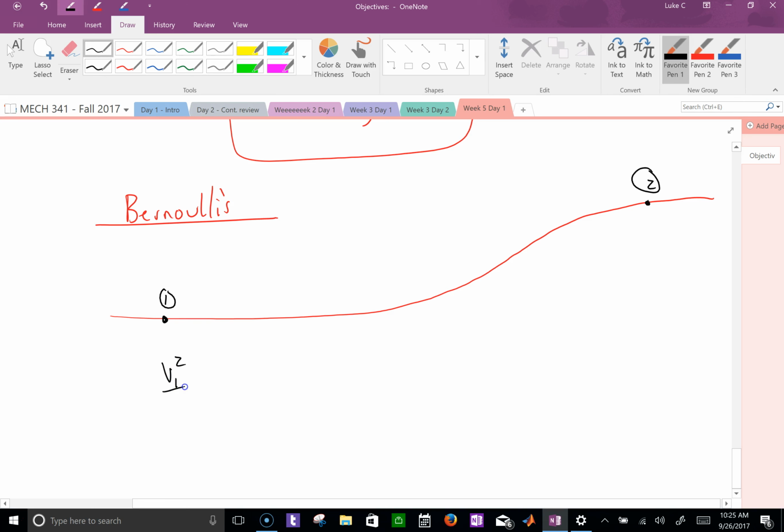So what energy does it have at state 1? Okay, that's the easy one, right? What else? You said potential. Flow work. Yep. And what else, if you've taken thermo? Internal, yes. And that's the same at state 2, right? But stuff could change. Plus P2 over rho.